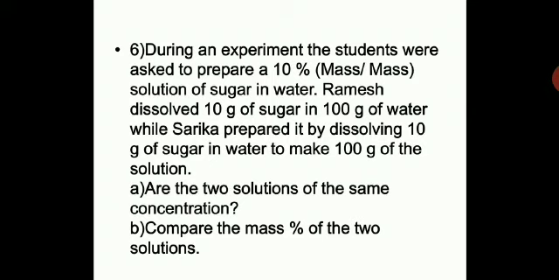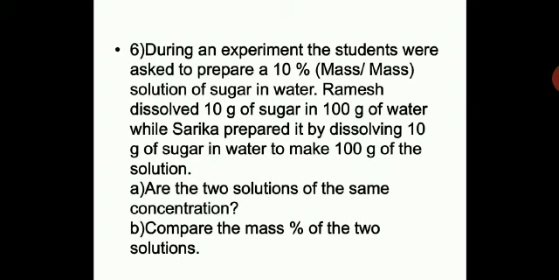So over here, a weighing balance she must have used, because she's taking 100 grams. You are talking about mass upon mass. So she has done the measurement on the weighing balance. If you do it with volume, then you take a measuring cylinder. But when you are dealing with mass, then on a weighing balance she has taken 10 gram of sugar and added water till it becomes 100 gram on the weighing balance.